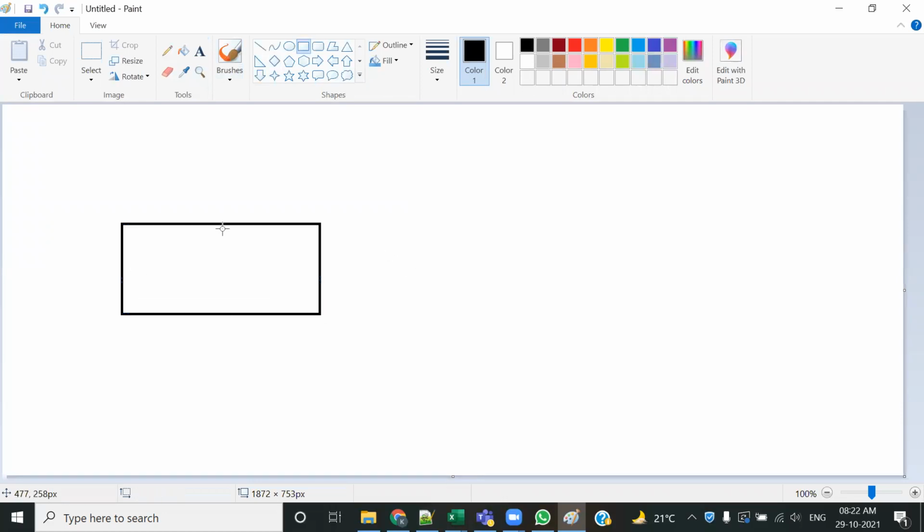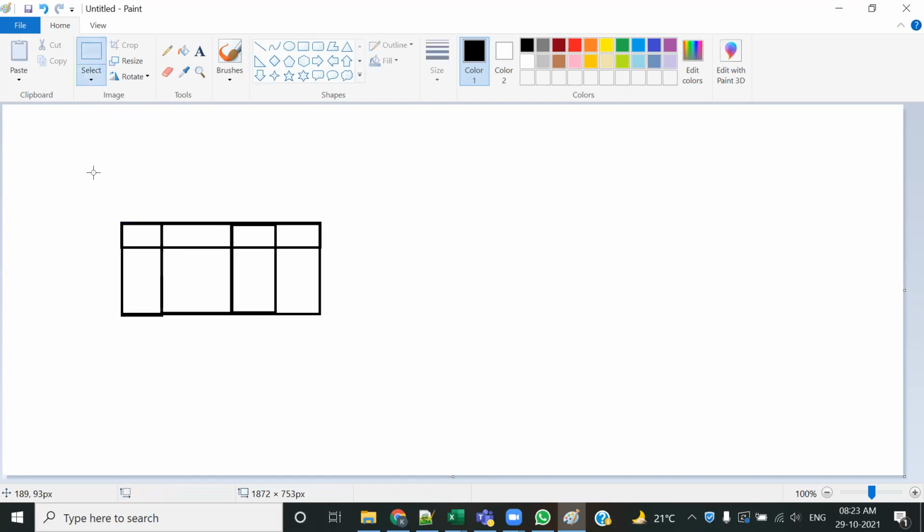Let's take an example: I have an object book, with columns like book ID, name of the book, number of pages, and price. So this is one of the objects I have with me, the book object.